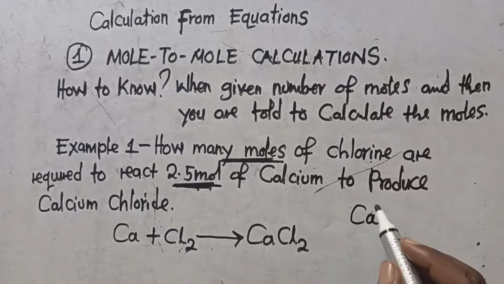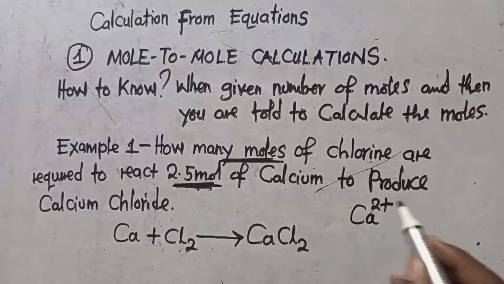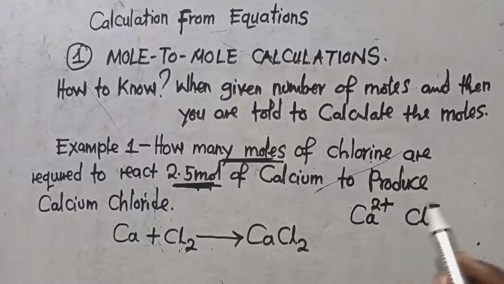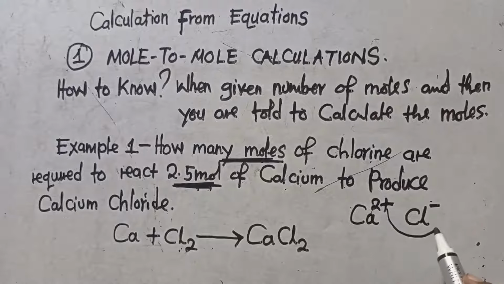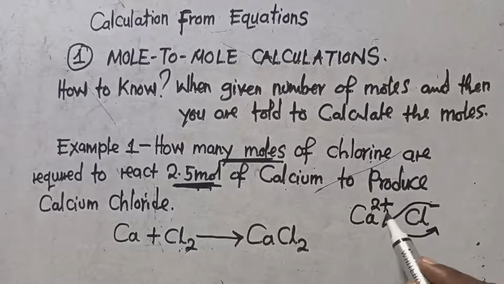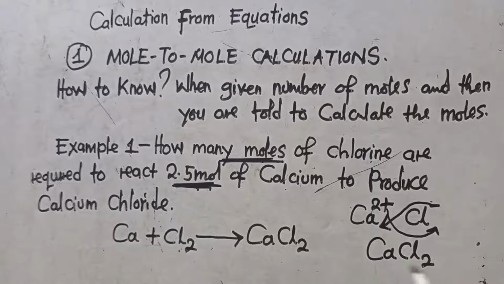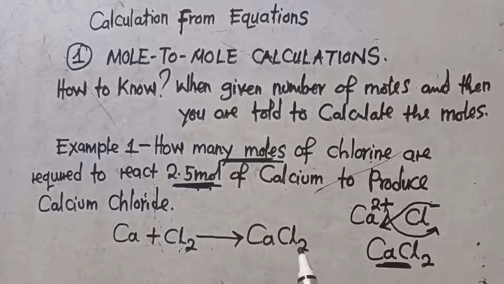Calcium is 2 plus, chlorine has got a negative, so their valences are going to change. This one goes there, this one goes there. So you get calcium like this, then chlorine 2 there. This one is a 1, so a 1 goes there, changes nothing. So this is where these 2 you are able to see is coming from.